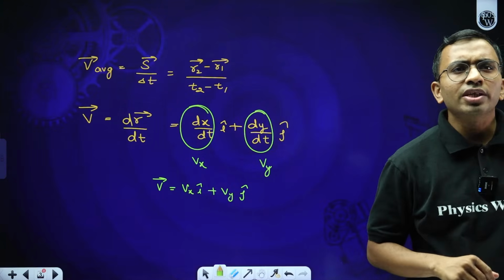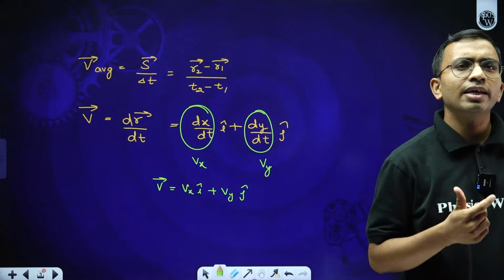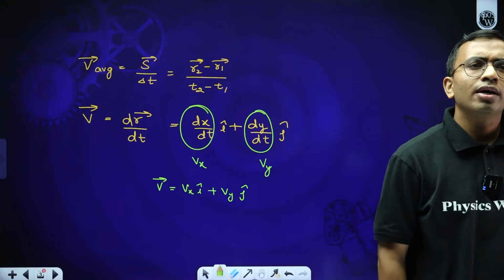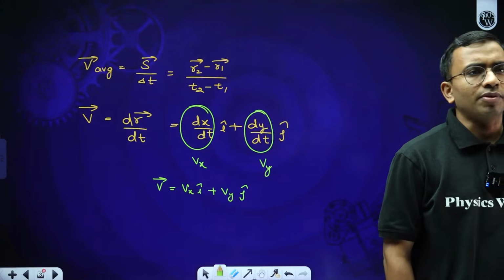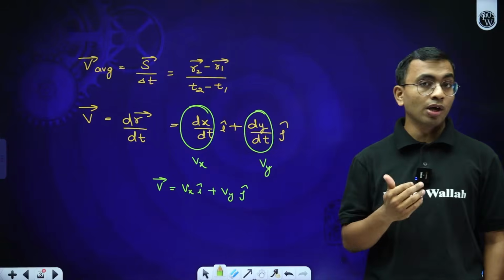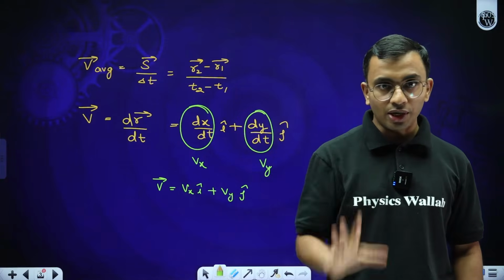Clear? Somebody is mentioning, sir, I am at 0. I haven't started JEE preparation yet. Is it still possible literally at 0? I didn't do units and measurements even. Okay. Now, if you have to start your JEE journey right now, you have to be a bit more serious. If you are very serious, you can do it.